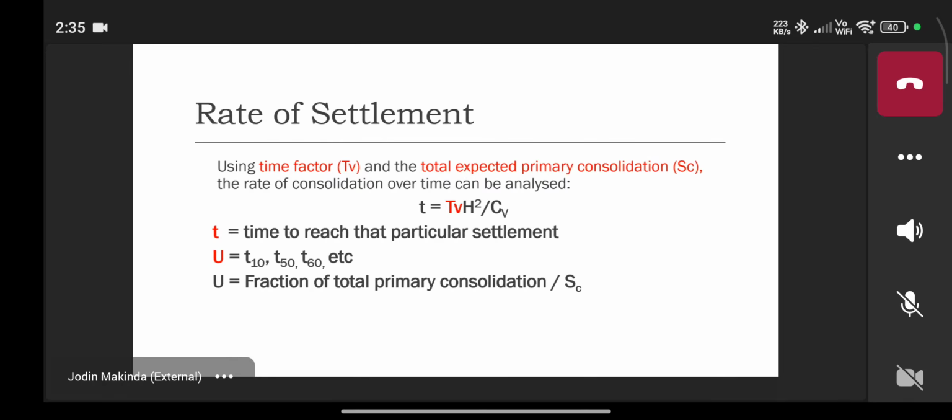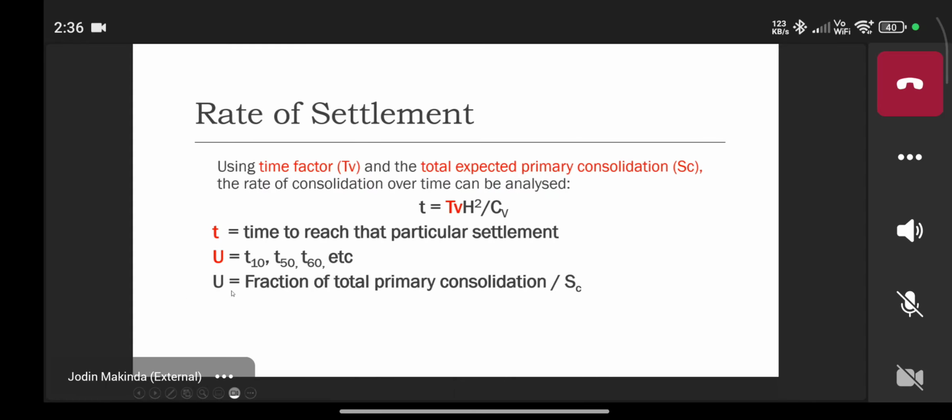Because we link the time with the consolidation amount, it means that we are actually studying the rate of the settlement using this rate of settlement equation. So, if given time factor, we can calculate time. If we are given time, we can calculate the amount of settlement. So this is the equation.